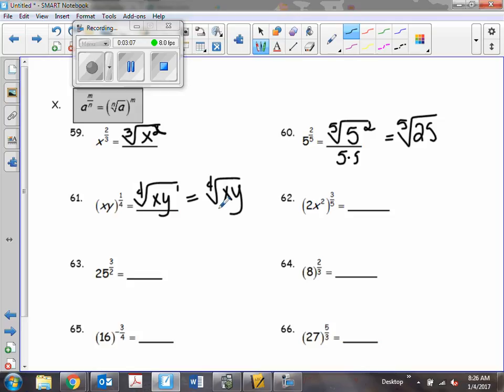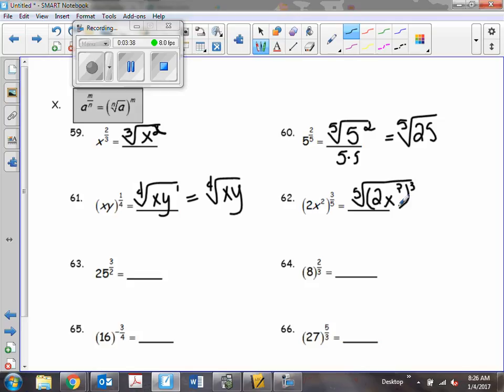So let's take a look at number 62. We are taking 2x squared and raising it to the 3/5. So what we're going to do is that 5 goes with the radical, and then I have 2x squared, and that is all raised to that third power. Now we are going to have to distribute this 3 to both of these inside that parentheses.